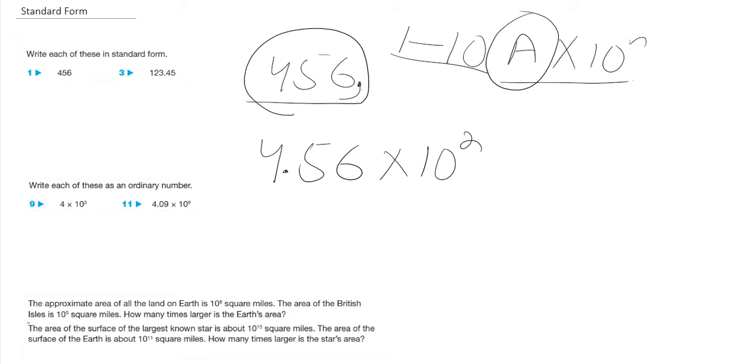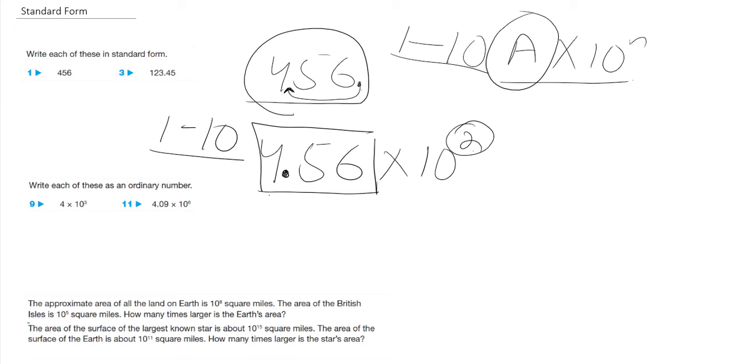If we move it 2 places, after the starting value, that will give us the power n, and the decimal point will be here. In this way, we change the a value to between 1 and 10.